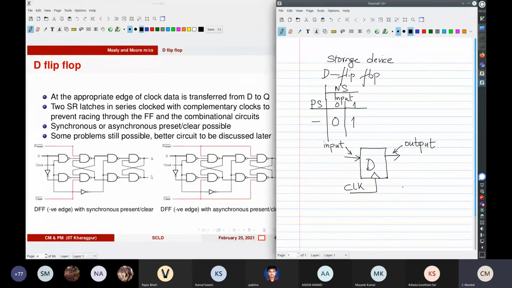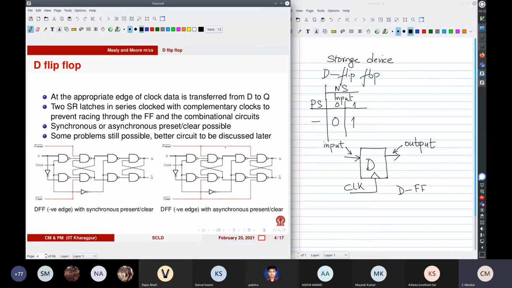This is your D. This is your D flip-flop. All right, so let us look at the circuitry of a D flip-flop.